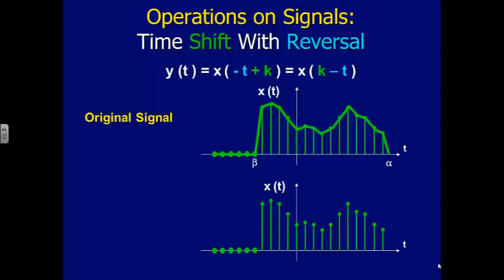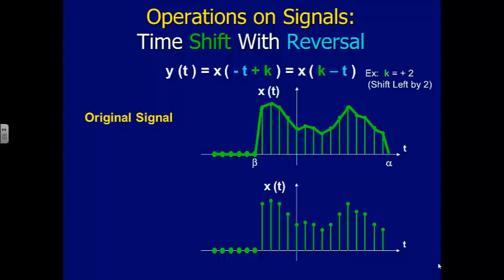The minus t implies time reversal, the plus k implies a time shift. If k is itself a positive value, that implies a shift to the left of the waveform. Now, question is, which operation do we do first? Do we do the time shift followed by the time reversal, or the time reversal followed by the time shift?